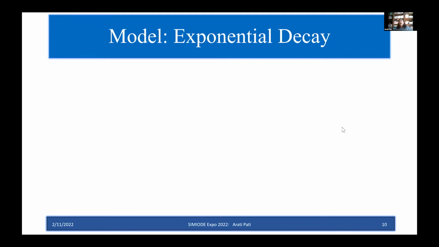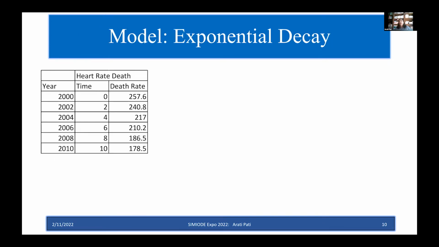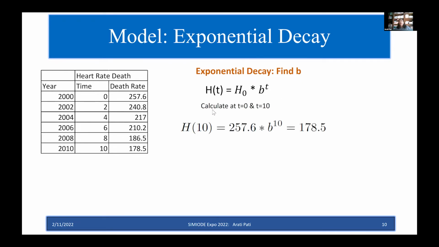So the question comes, how are we going to write down this equation? From the data, we see that at T equal to 0, this is the data, and this formula is satisfied when T equal to 10. So let me take when time equal to 10, this should also be satisfied. If I replace T by 10, I get this equation, and I know H at 10 is 178.5.